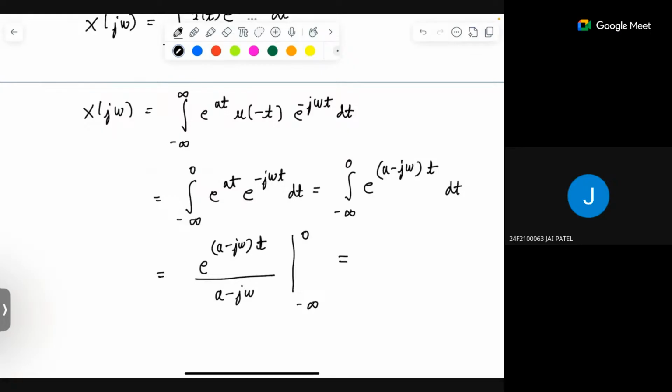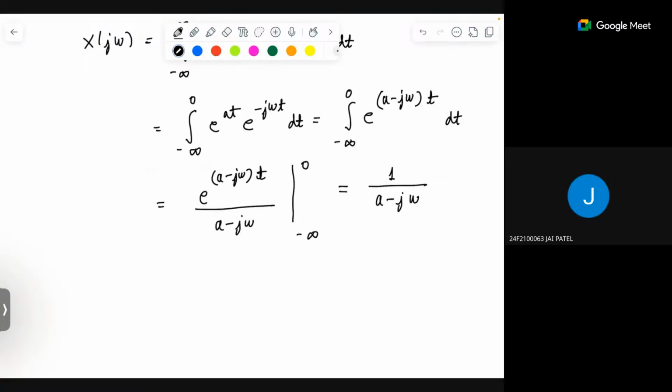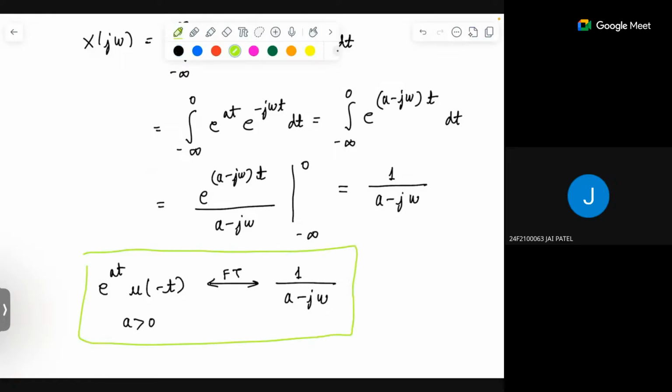When I plug in t equal to 0, it is e raised to the power of 0, which is 1, and in the denominator, when I plug in t equal to minus infinity, e raised to the power of minus infinity will be 0. So this is what I have as the Fourier transform: 1 upon a minus j omega. So e raised to the power of at u of minus t has the Fourier transform 1 upon a minus j omega. This is clear to everyone.